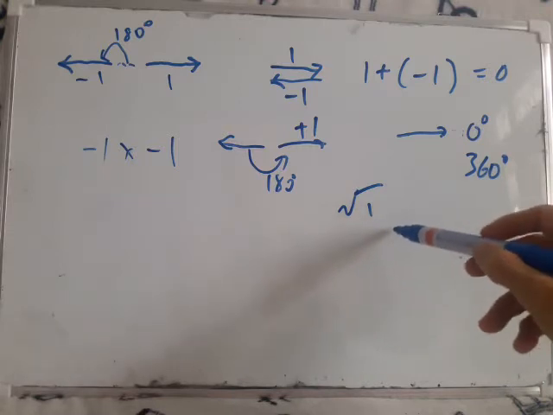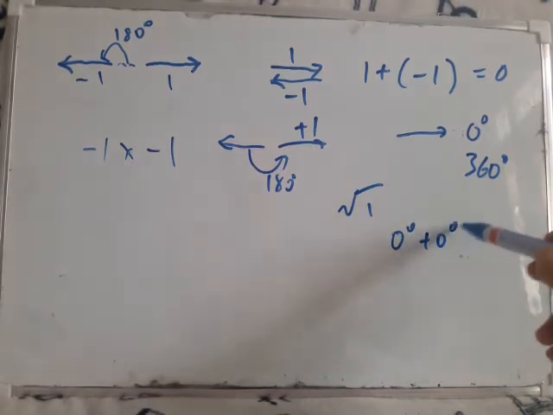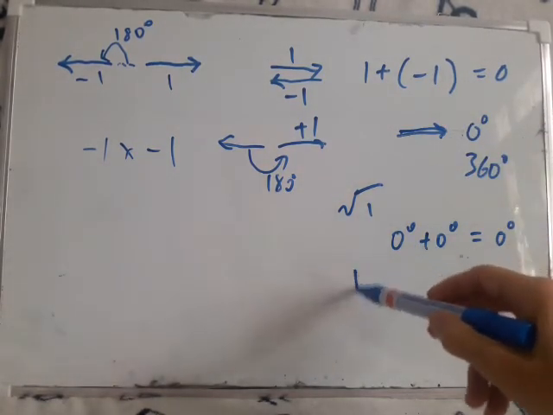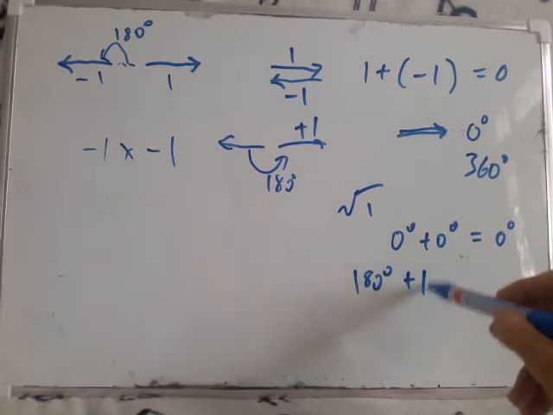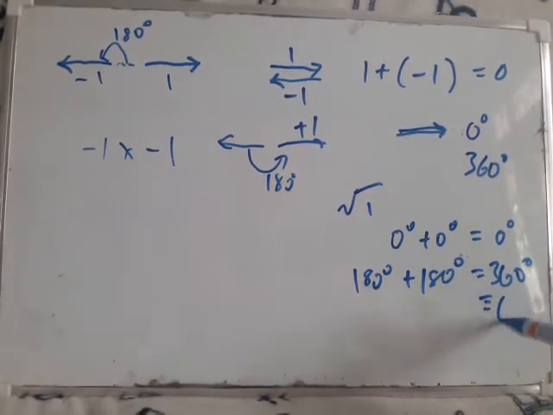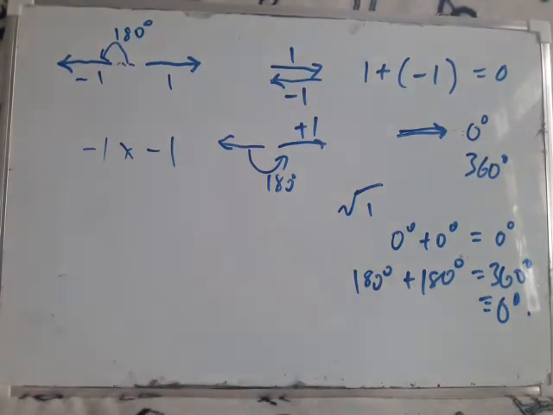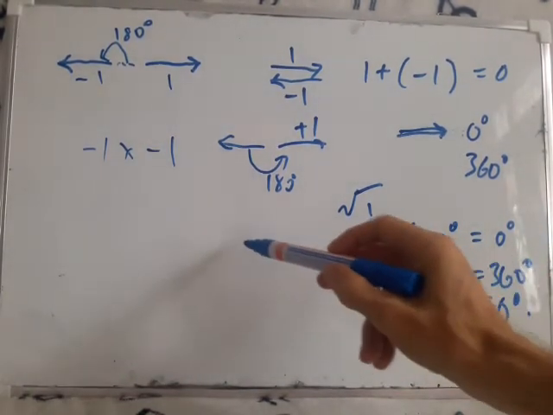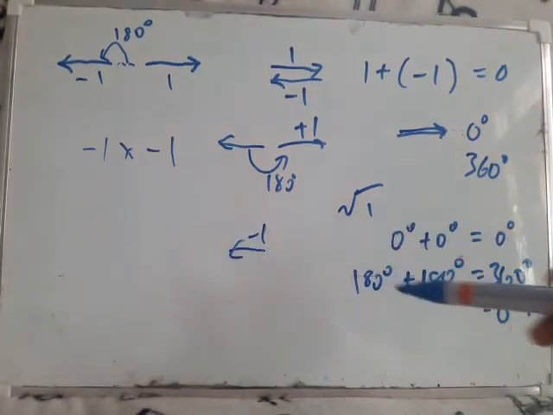Obviously 0 plus 0 is 0 degrees, which gives me +1. But also 180 degrees plus 180 degrees gives me 360 degrees, which is equivalent to 0 degrees. A vector pointing in the direction 180 degrees is precisely -1. So -1 is the square root of 1 as well as 1.